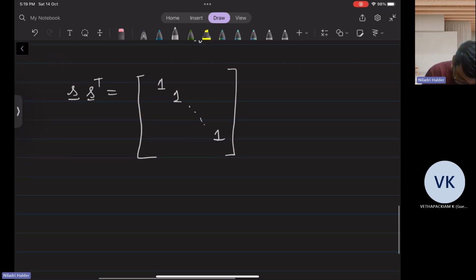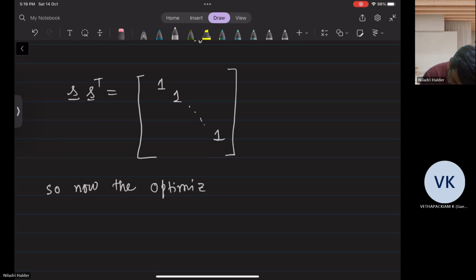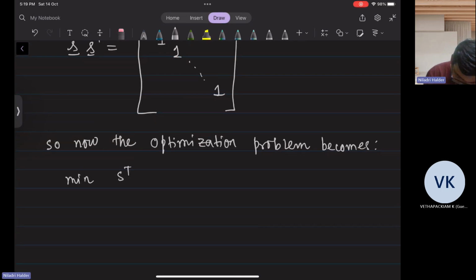So now the optimization problem becomes minimizing s transpose L s, which is equal to the trace of s transpose L s, as this is a scalar.